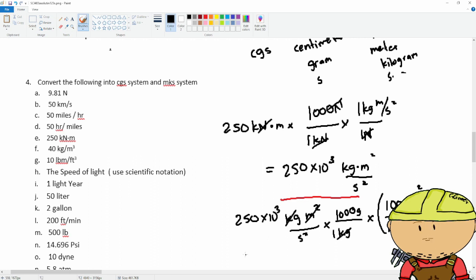So that's 10 cubed times 10 squared squared, which is 10 to the fourth, or 250 times 10 to the 10th gram centimeter per second squared.